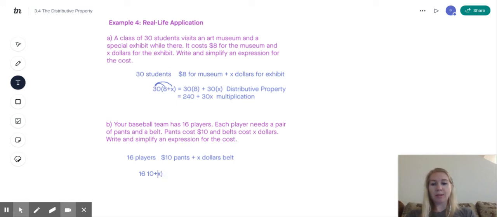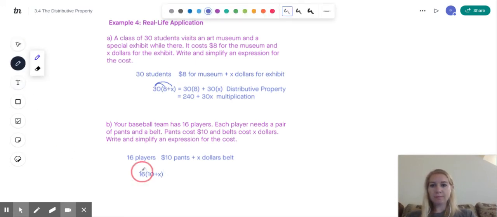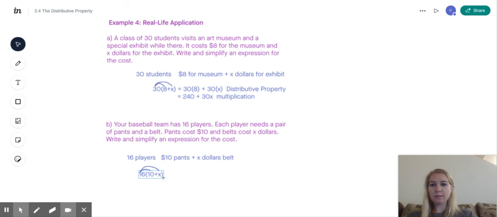So we're going to put parentheses around the 10 plus X. And let's go ahead and distribute that. 16 is going to be distributed to the 10 and to the X. Pause the video, see if you can do that on your own. So now our expression is going to say 16 parentheses 10 plus 16 parentheses X. And that was the distributive property.